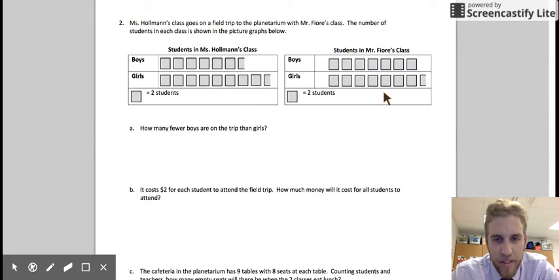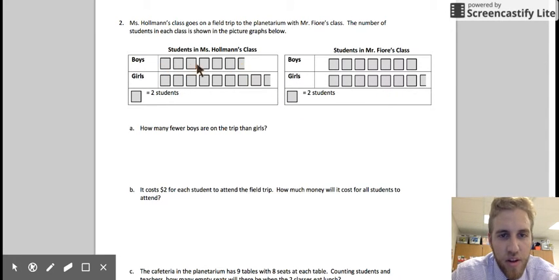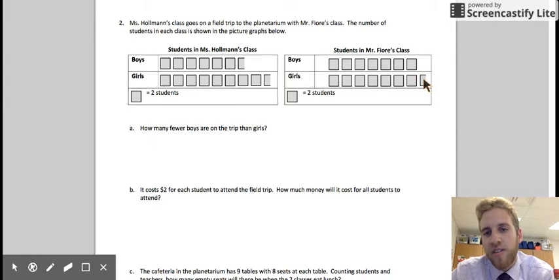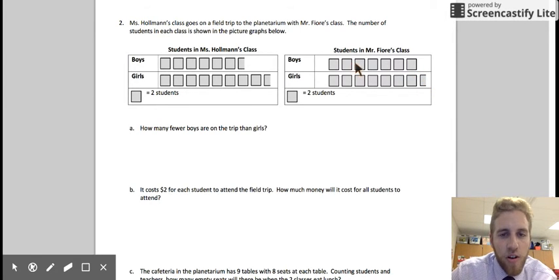It doesn't look like it's going to be too many less, so it should be kind of a smaller number. The way I could tell that is because when I look here, there's really almost as many boys as girls. There's only a couple extra blocks going on over here for the girls. Same thing over here. Boys are almost the same, but girls have just a few more. So really, overall, there's just going to be a couple more girls than boys, and that's what it wants to find out.